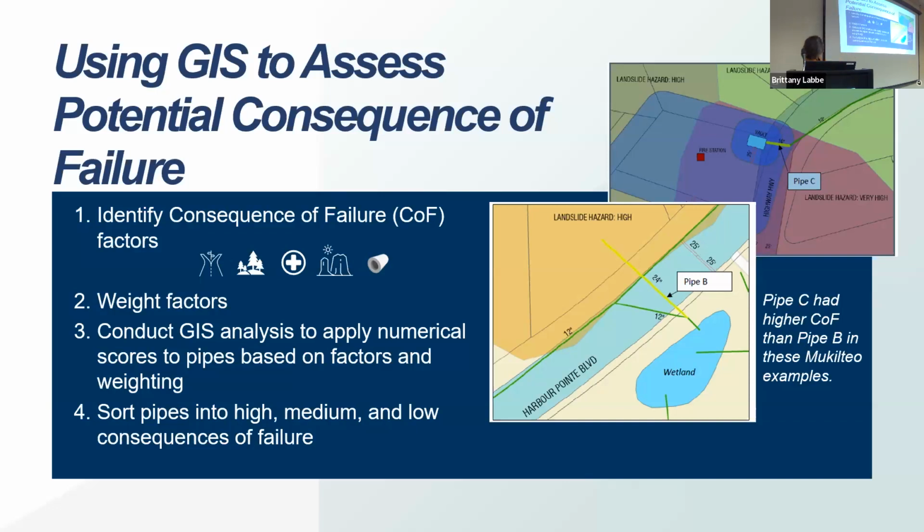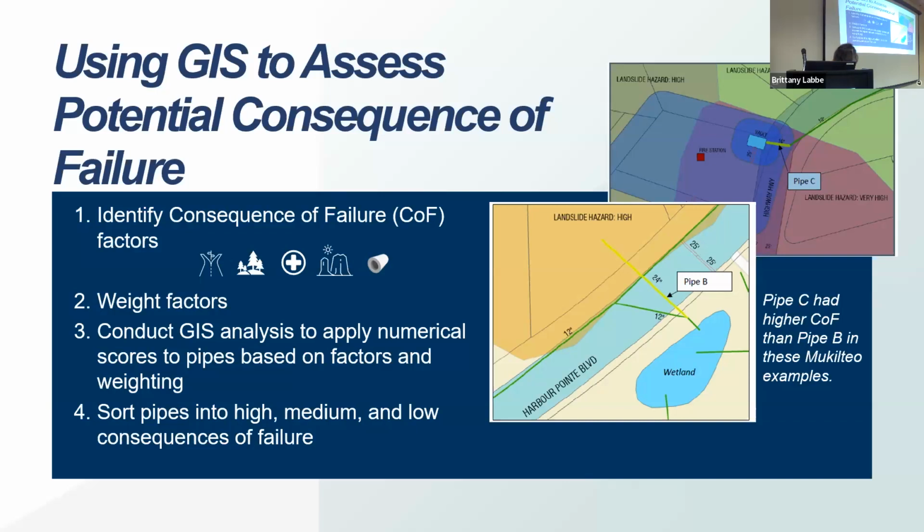An example is this pipe C up here, near a stormwater facility. It's near a fire station. And then you have a pipe here that's a smaller pipe. And then you have this large pipe that's by a wetland and a landslide hazard area.